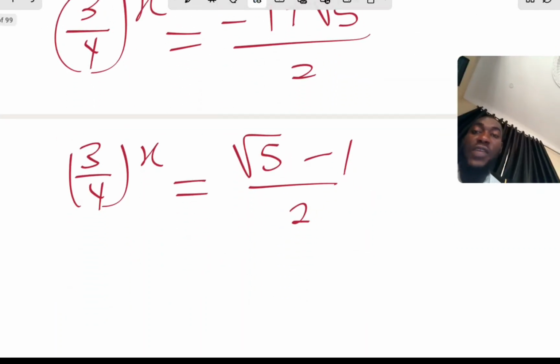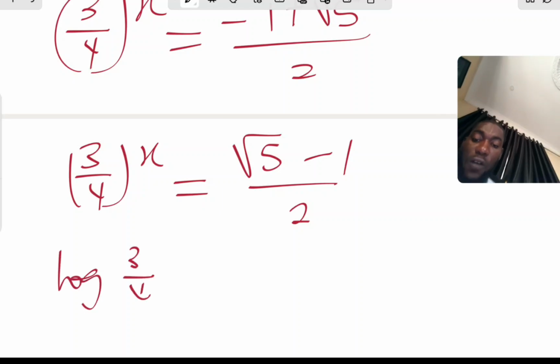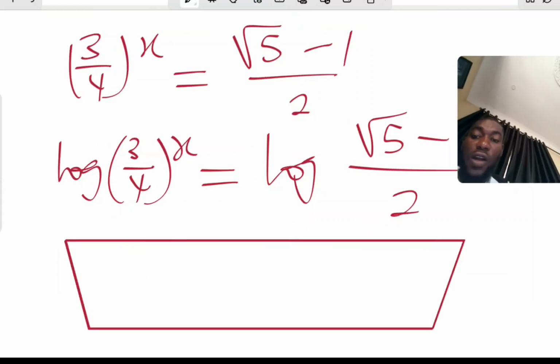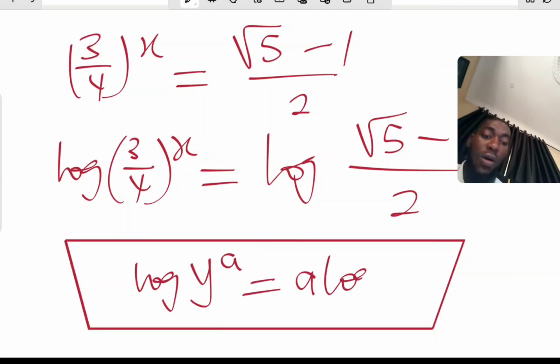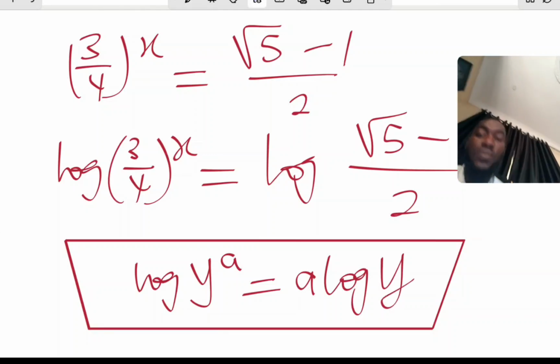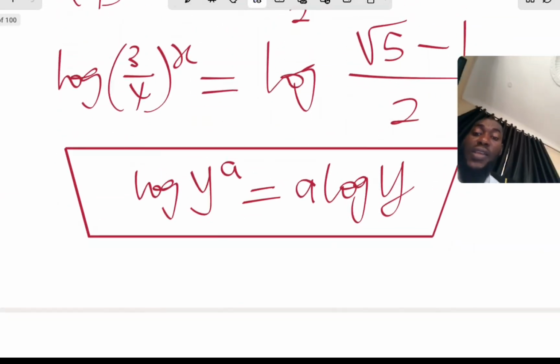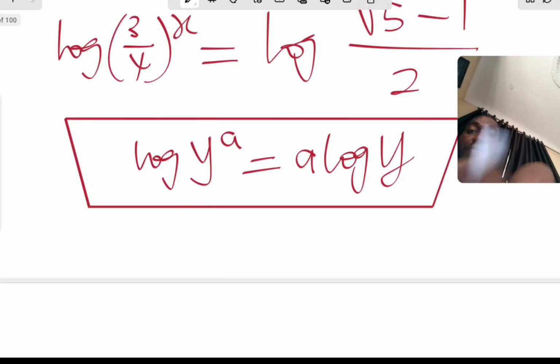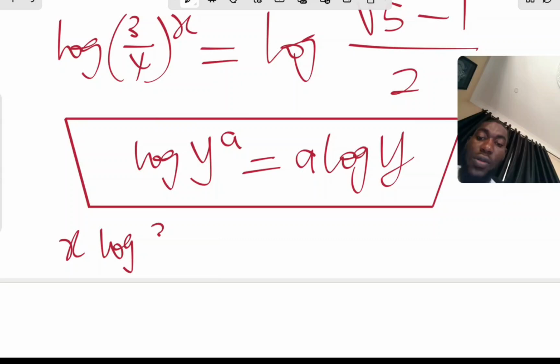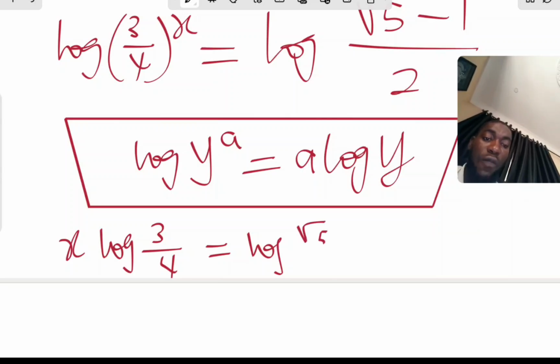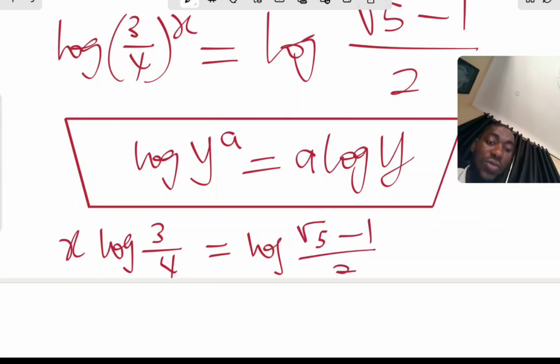Taking the log of both sides, from the law of logarithm, whenever you have log y to the power of a, this is the same thing as a log y. So in this case, we are going to have x log 3 over 4 equals log of the square root of 5 minus 1 over 2.